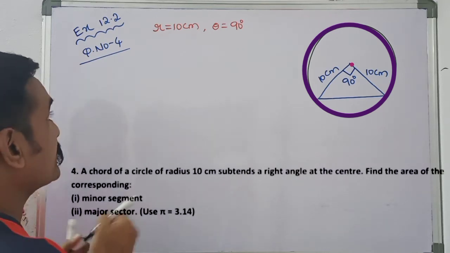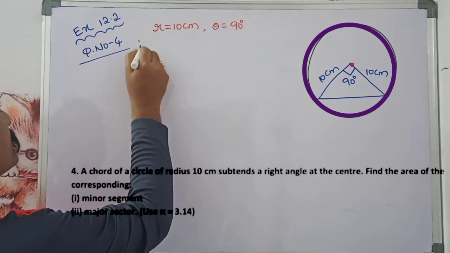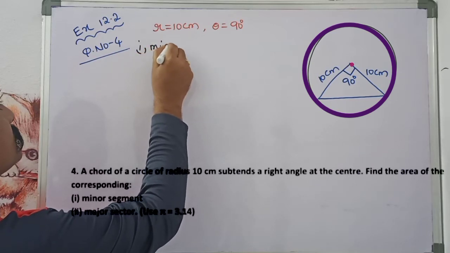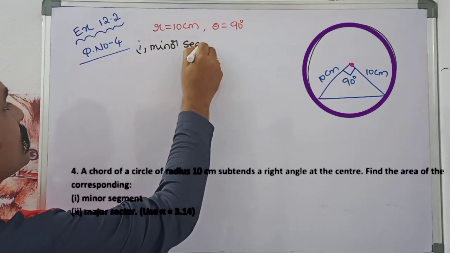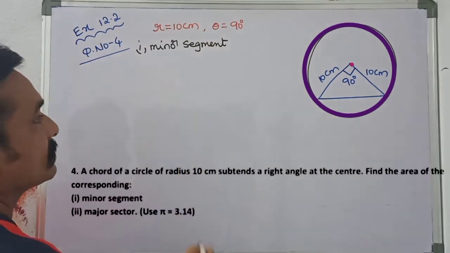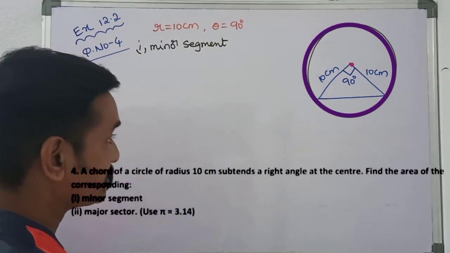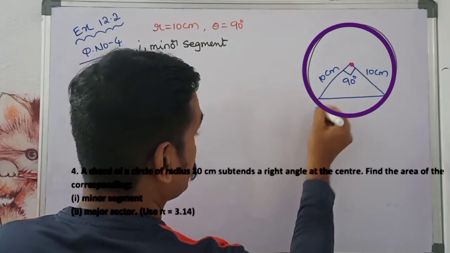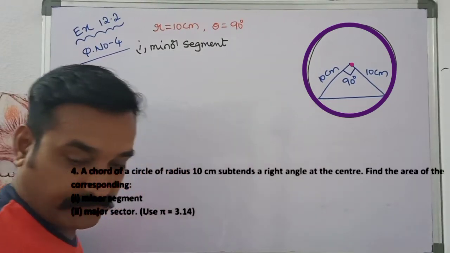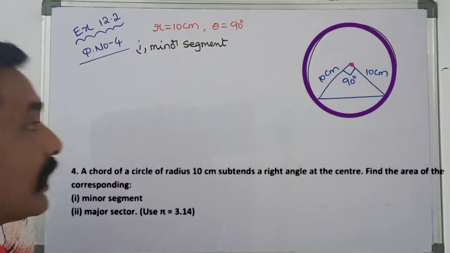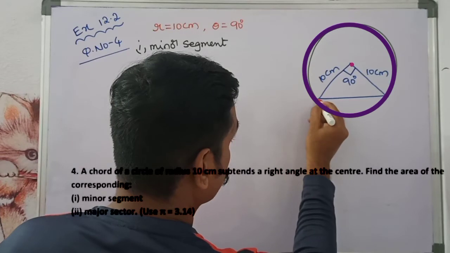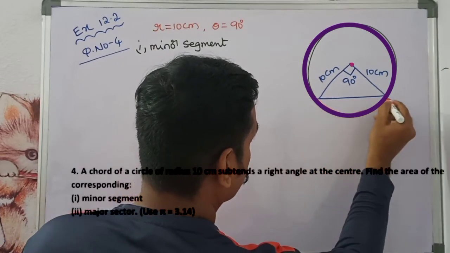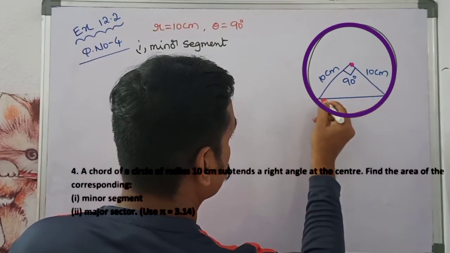First we have to calculate the minor segment. What is a segment? The region bounded by a chord of a circle and an arc of a circle. This part is called an arc and this is called the chord.